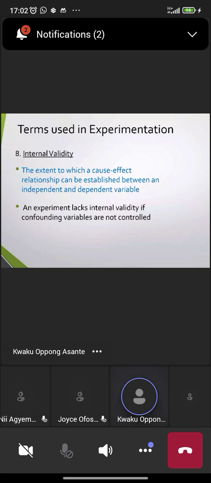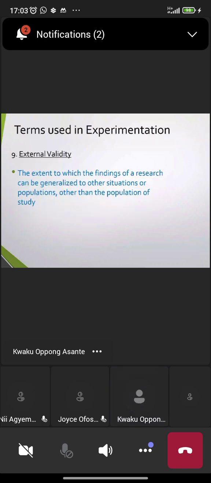If we are sure that the cause and effect relationship between your IV and your DV is perfect, having controlled for all other variables, then you've achieved internal validity. If you do not, as I said last time, you can have confounds. Confounding variable means that extraneous variables can affect the outcome of your study if you do not control for them.